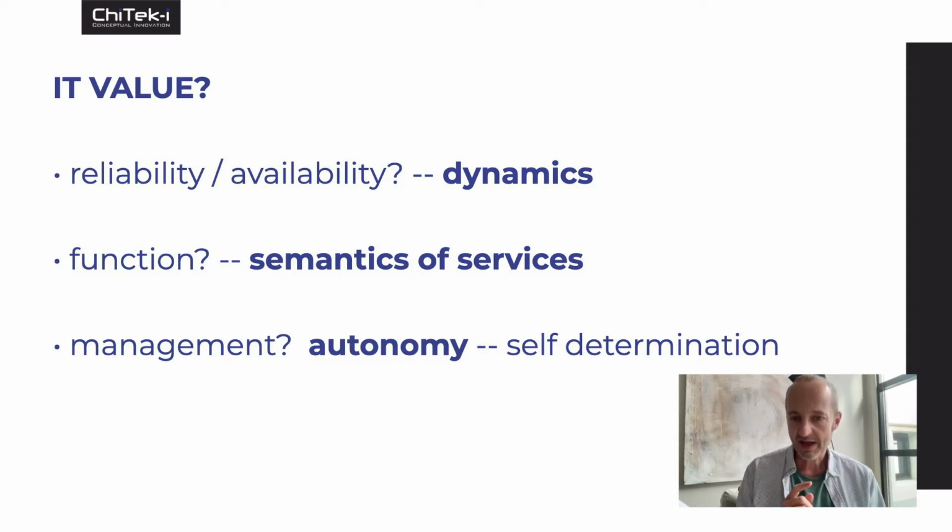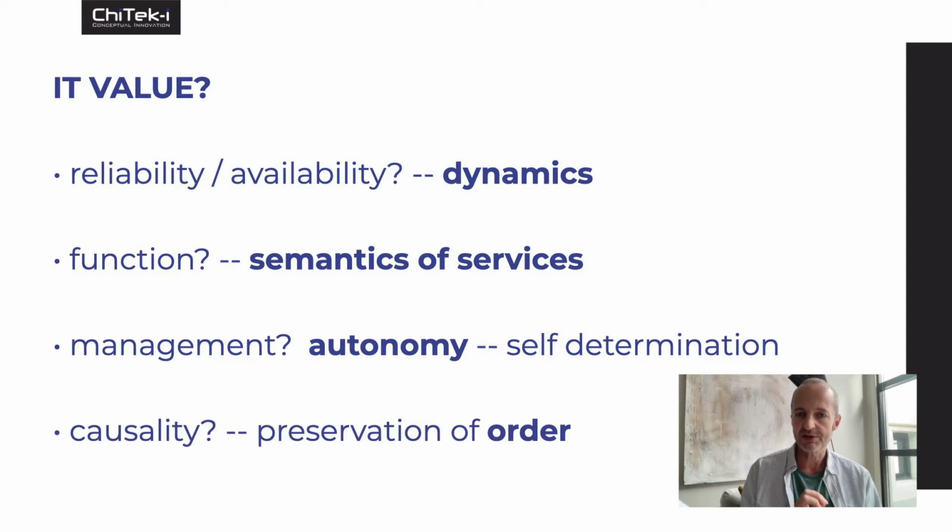There's one technical issue in particular when designing services that's important, and that's managing causality, preserving the order of cause and effect, which is essential to ensure the accuracy of transactions.